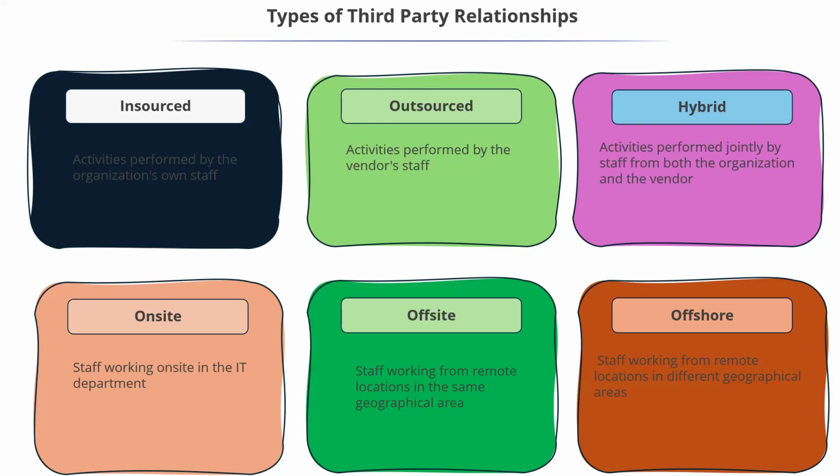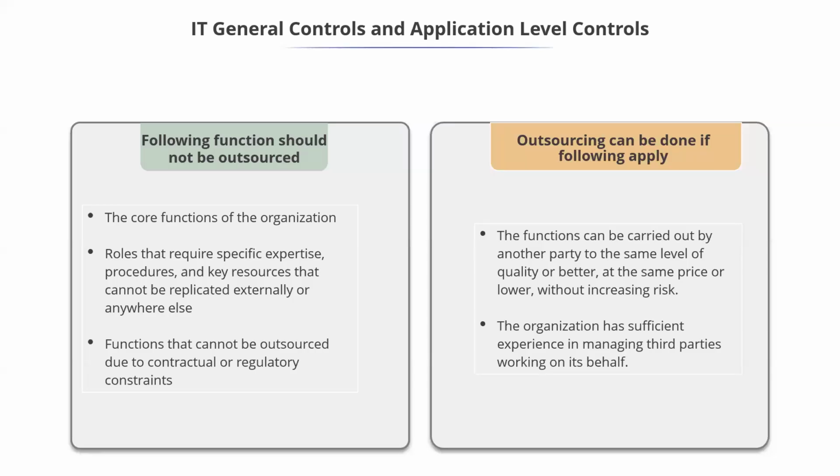When we talk about outsourcing, you have to make a list of functions which should not be outsourced, like core functions of the organization. For example, they have outsourced the training functionality, but sales, support, everything else is with them.